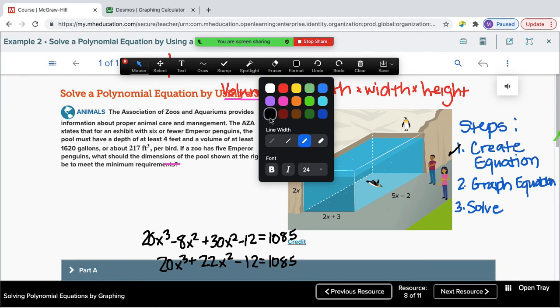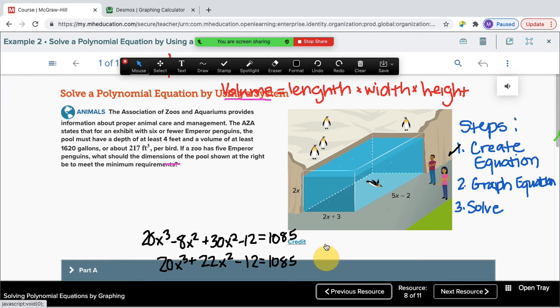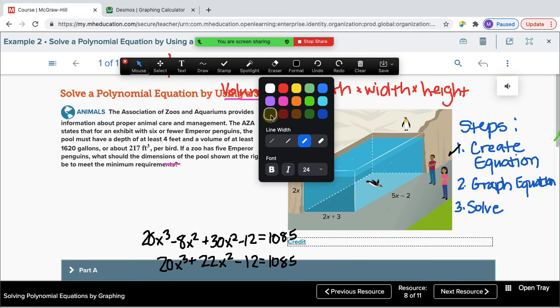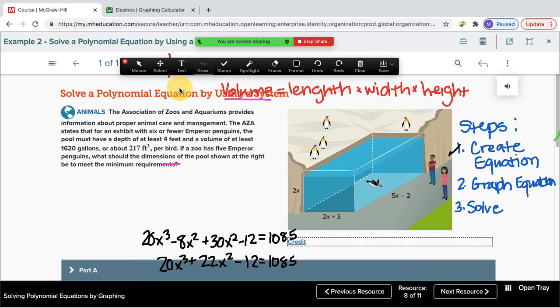So say, okay, x equals 3.5. Try it again. x equals 3.5.